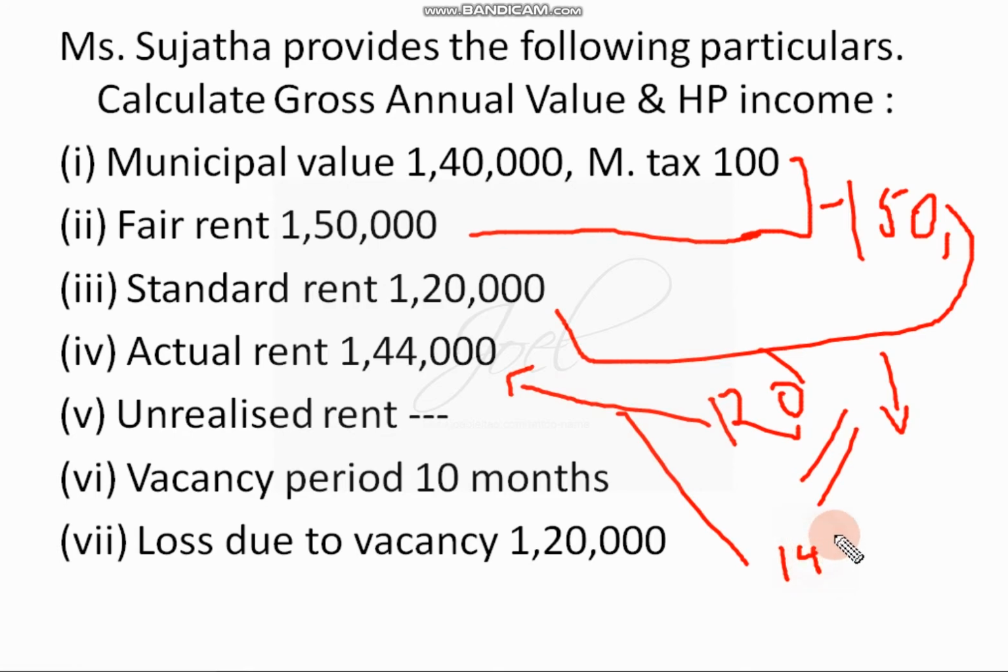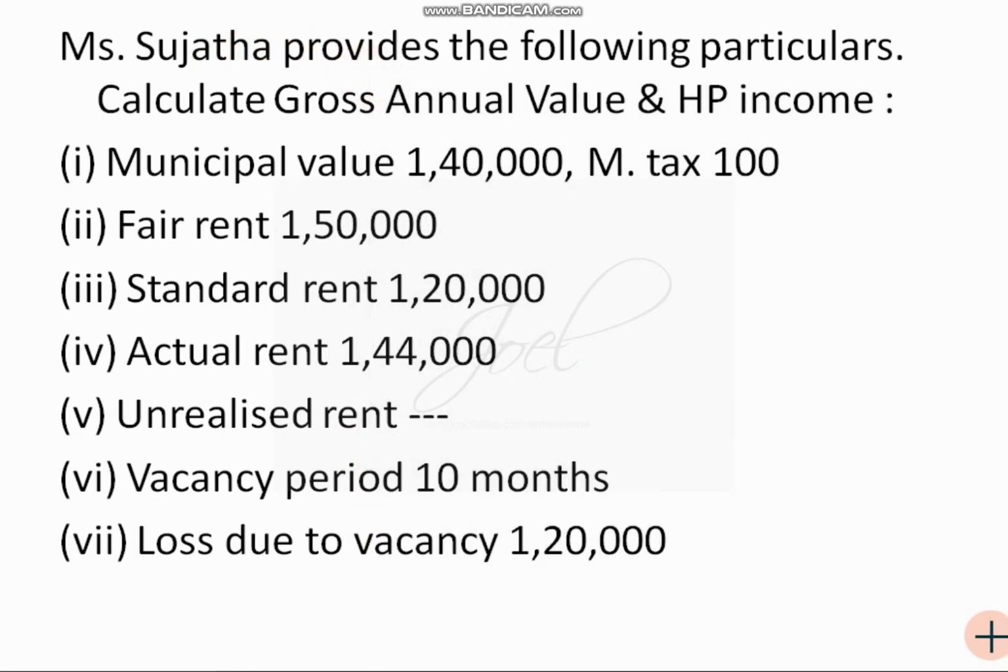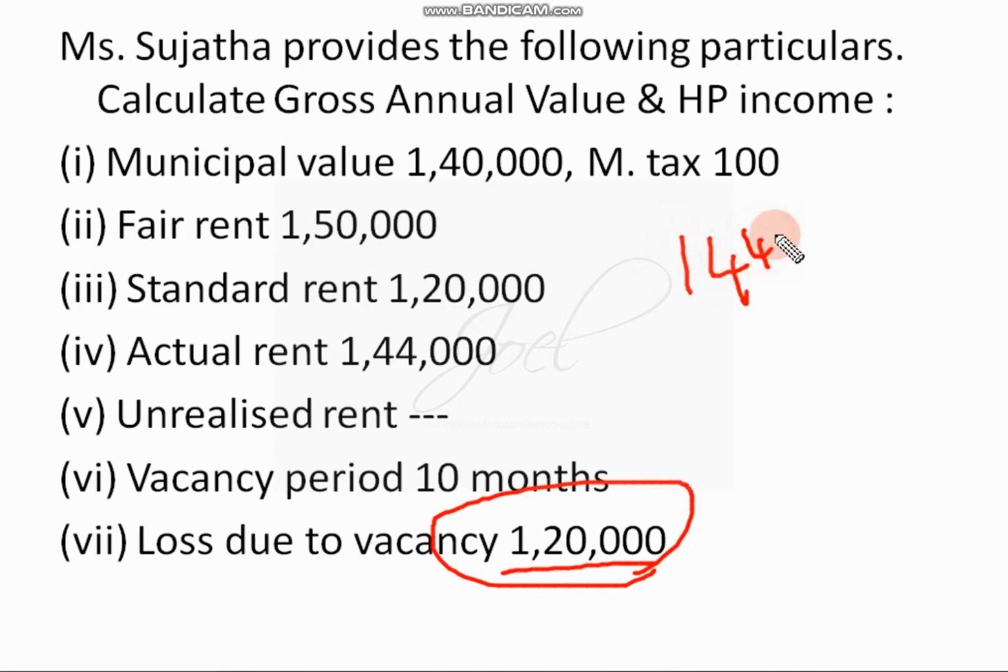I'll get 1,44,000. In the normal case, this 1,44,000 is my gross annual value, but I cannot consider this as a gross annual value because I have some deductions available here, that is loss due to vacancy. Actually it should be 1,44,000, but it is not my gross annual value because there is a vacancy period available.